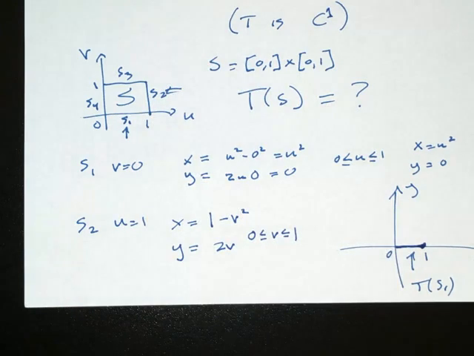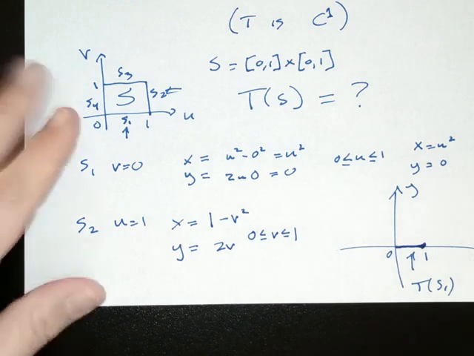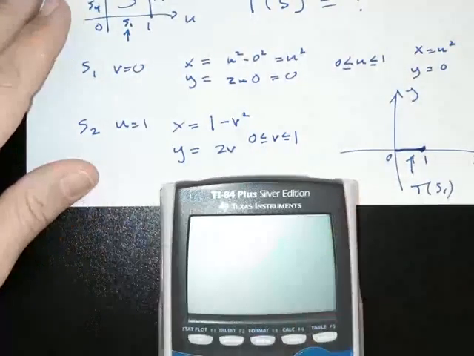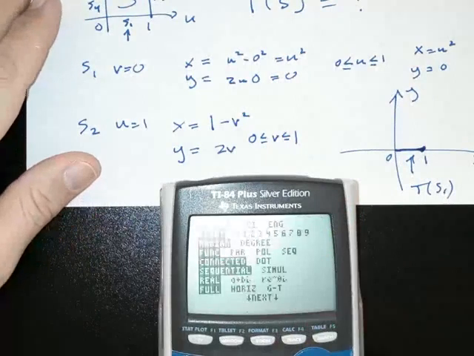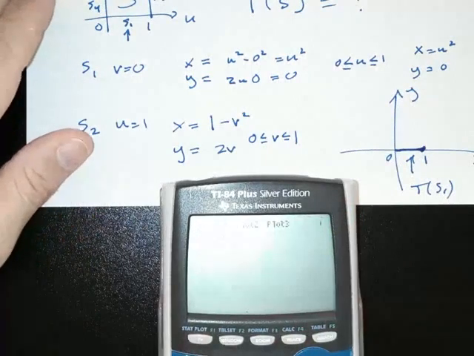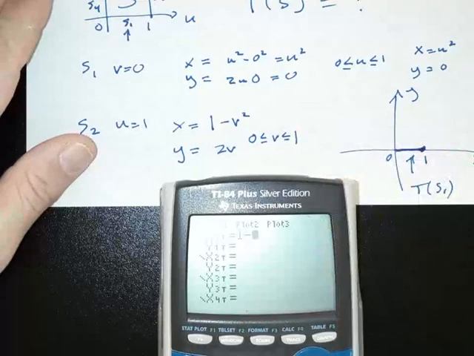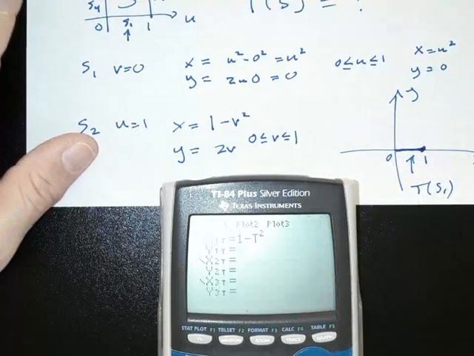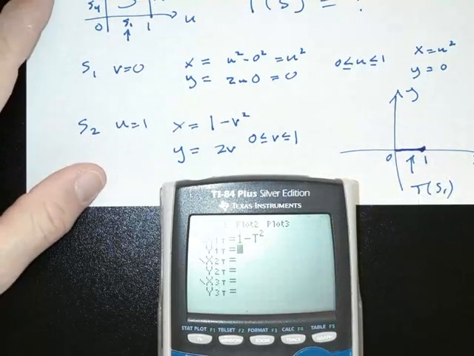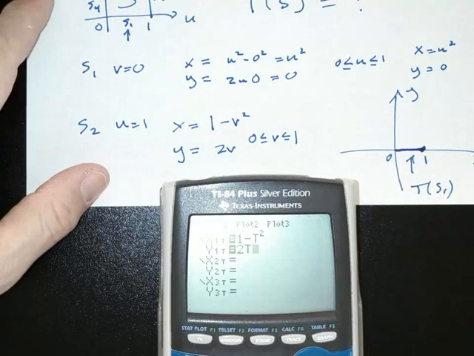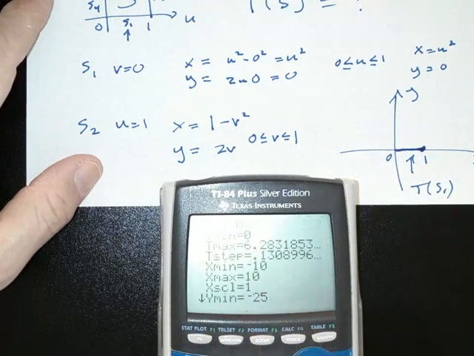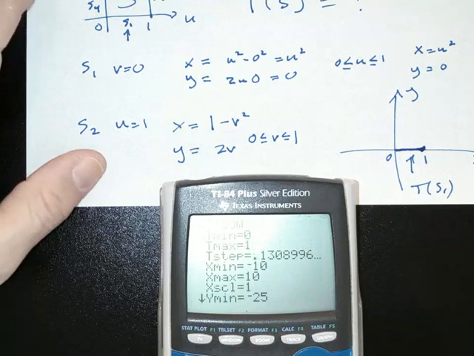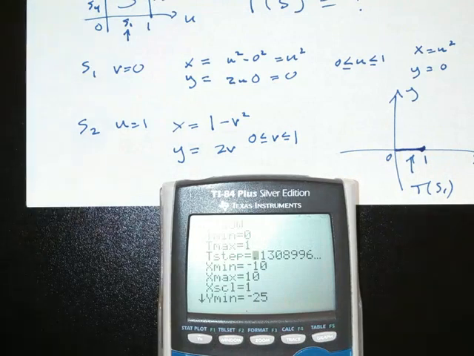It's going to be easier to do this on your graphing calculator. Set yourself in parametric mode. X equals 1 minus T squared, using T because I'm on the calculator. Y equals 2T, and I'm only looking between 0 and 1 for my T values.